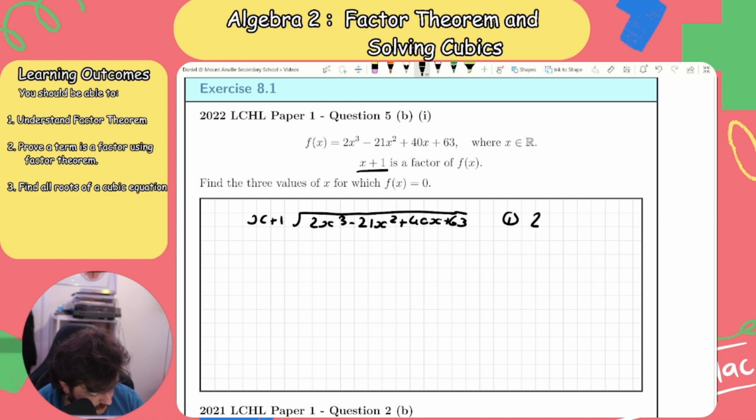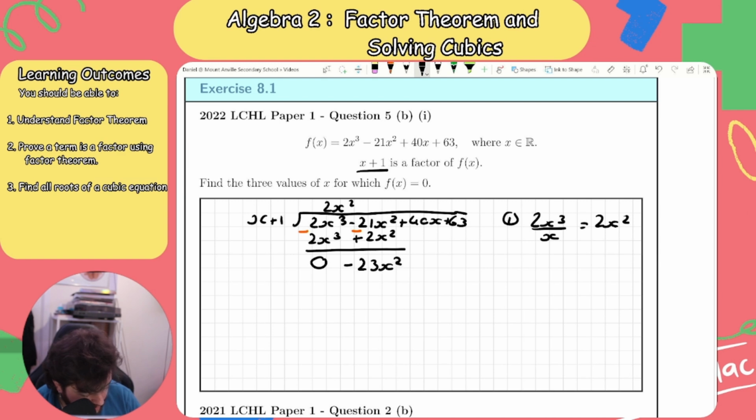2x cubed divided by x is 2x squared. Put it on top. 2x squared times x is 2x cubed. 2x squared times 1 is 2x squared. Minus, minus, it's going to go to 0. Minus 23x squared.